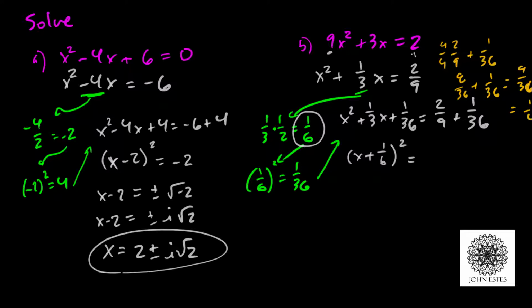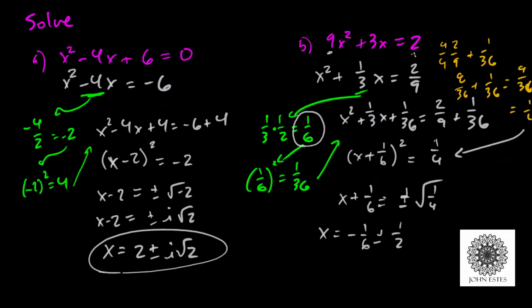So the right hand side of my equation ends up becoming 1/4. Now I can apply the square root property. I get x plus 1/6 equals plus or minus the square root of 1/4, or x equals negative 1/6 plus or minus 1/2.